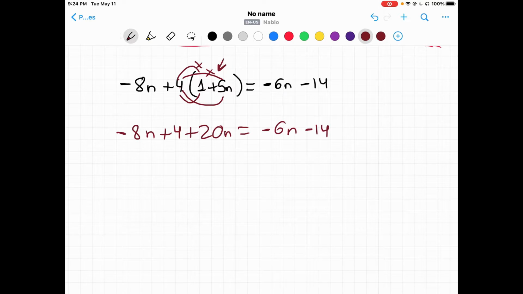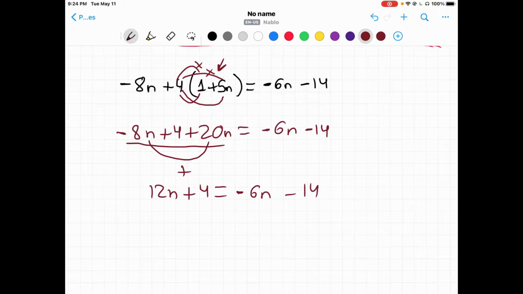Now, notice that we can combine like terms on this side of the equation, and that is by adding negative 8n to 20n, and we will get 12n plus 4 equals negative 6n minus 14.